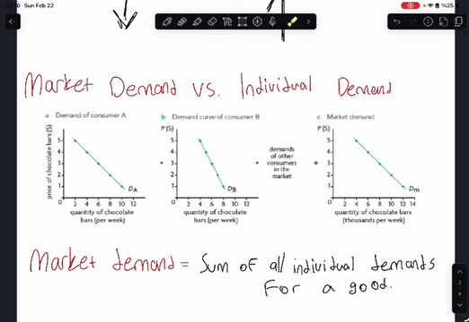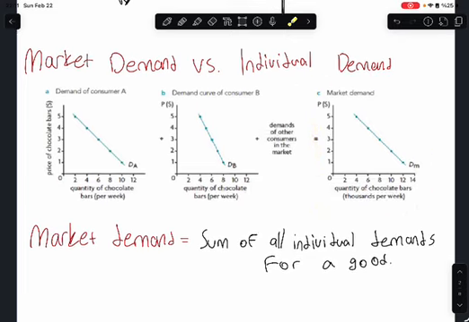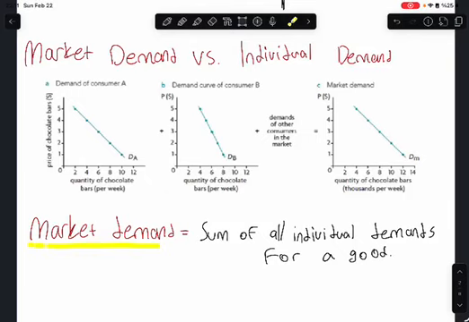So we have the demand of consumer A here, a pretty basic demand graph, and we have the demand curve of consumer B. If we sum all of them with the other consumers in the market, we will have market demand. So we can say that market demand is the sum of all individual demands for a good.